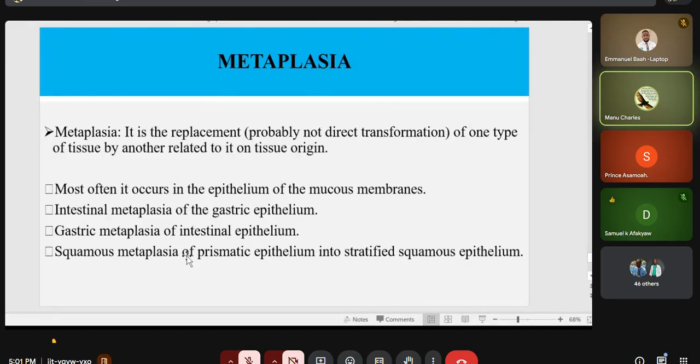Sir, I'm making an emphasis on the endometriosis that my brother spoke about. You said it only happens in the uterus or the endometrium.